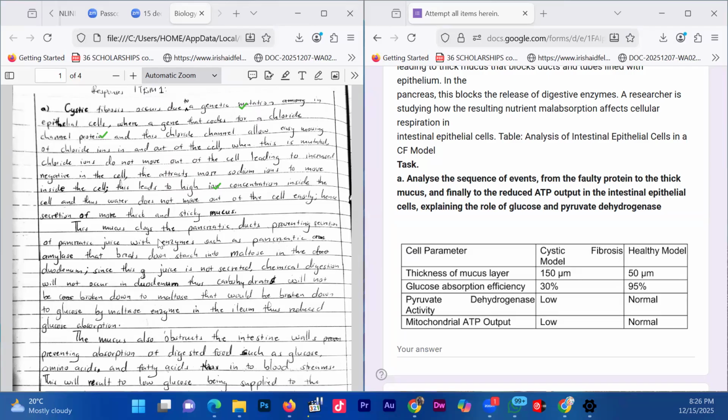The mucus clogs the pancreatic duct, preventing secretion of pancreatic juice with enzymes such as the amylases, which would break down starch to maltose. This juice is not secreted. Chemical digestion will not occur in the duodenum. Thus, carbohydrates will not be broken down to maltose. The carbohydrate here in this case is starch.